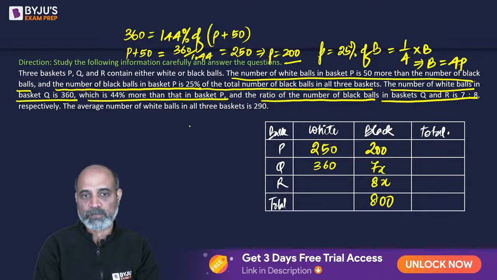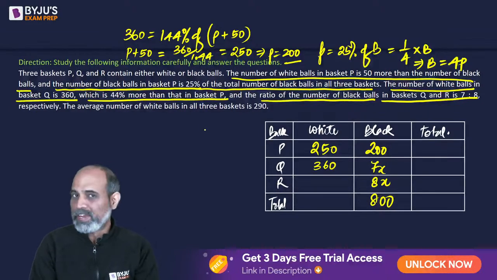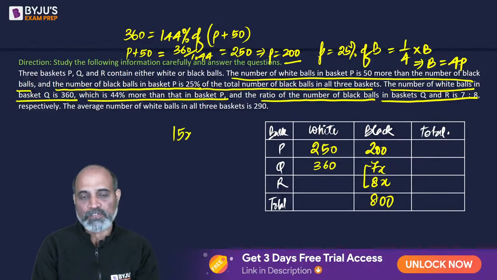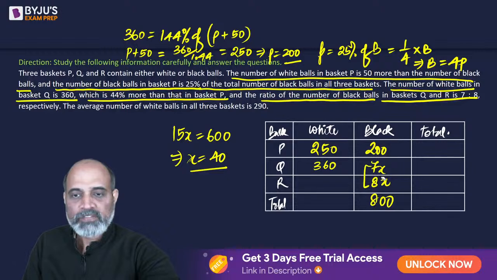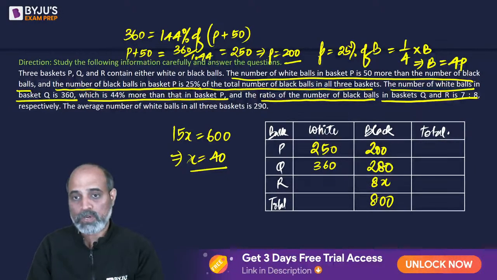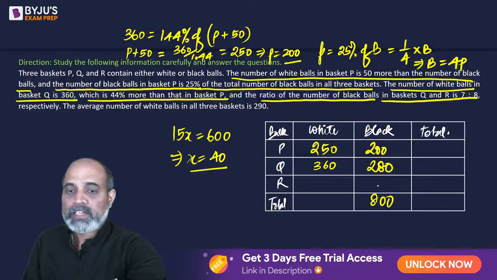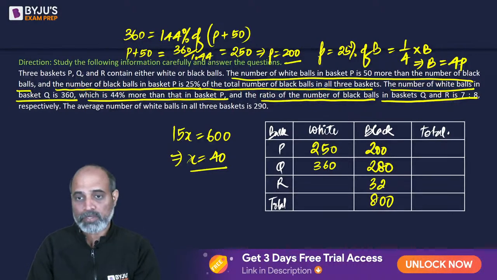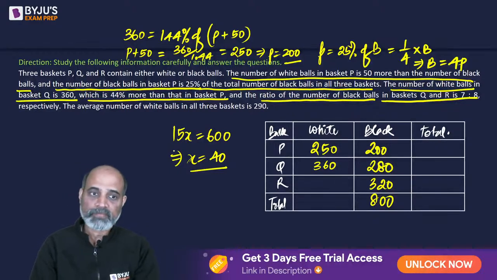Now looking at this particular part, out of 800, 200 black balls is in basket P. So we can say 7x plus 8x, that is 15x, is the remaining number of black balls overall, which is 600, right? So from here we will get the value of x as 40. So 7x will become 7 times 40, which is 280. 8x will become 8 times 40, which is going to be 320, right?